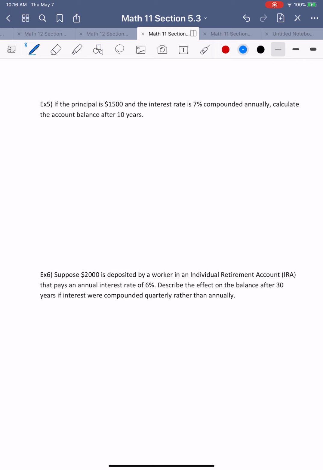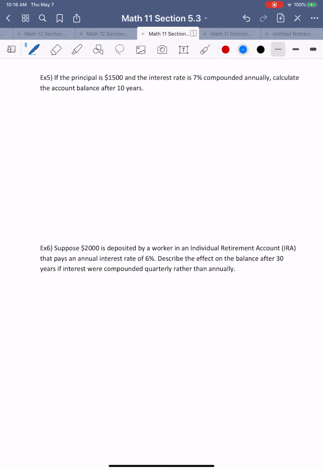All right. So in number 5, find the balance if the principal is 1,500 and the interest rate is 7% compounded annually, after 10 years. First of all, the principal is 1,500 deposited, and the rate is 0.07, compounded annually, which is just once a year, and T equal to 10, okay?